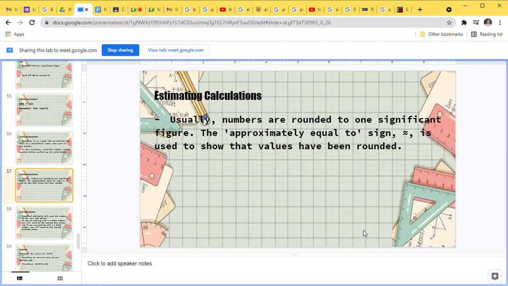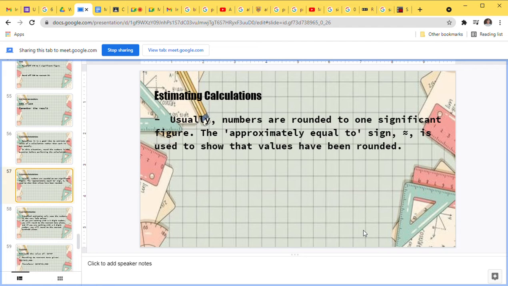The approximately equal to sign is used to show that values have been rounded. That little curly equal sign is for approximations. So if you are doing a calculation where you have rounded off the previous numbers, you should not have an equal sign. You should have that little curly equal sign, right?